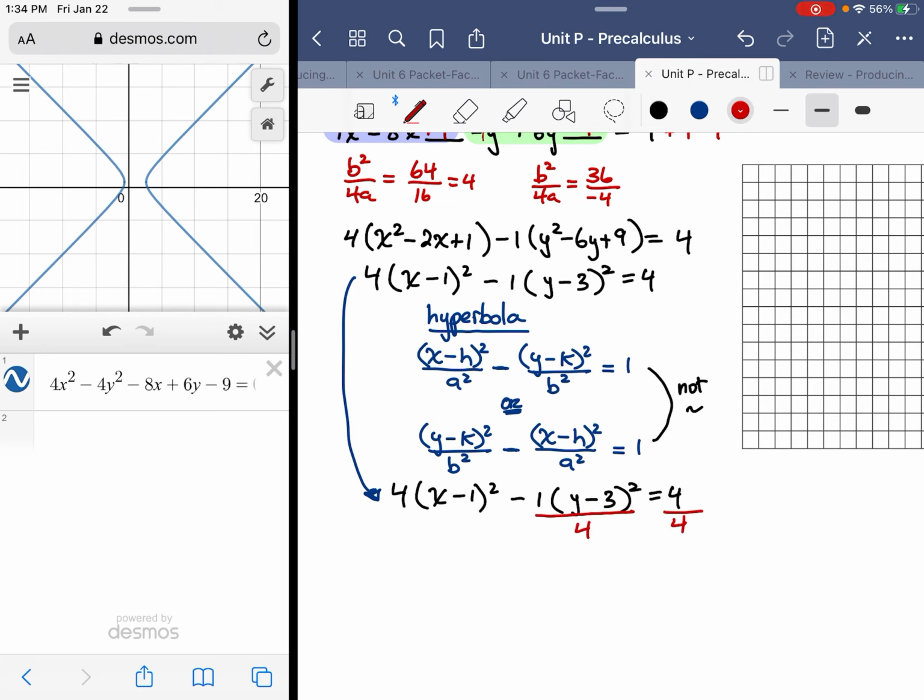I mean, you're doing your part. The least I can do is my part. So x minus 1 squared over 1 minus y minus 3 squared over 4 is equal to 1.